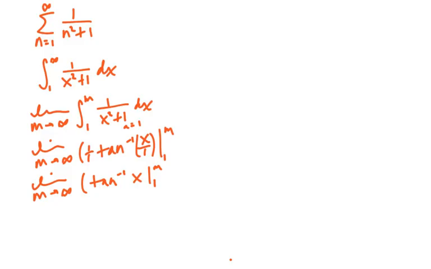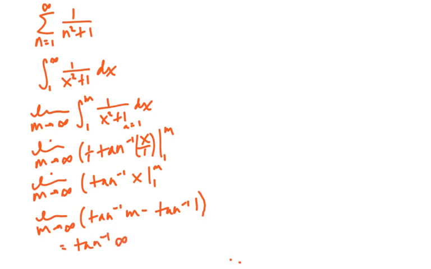Now, let's plug the bounds in. So we have the inverse tangent of m minus the inverse tangent of 1. Now when we plug in the limit, we have the inverse tangent of infinity minus the inverse tangent of 1.